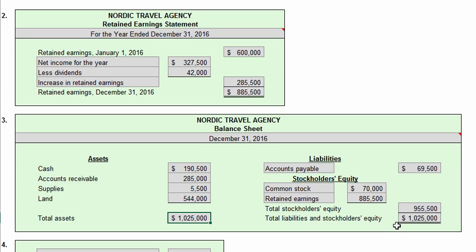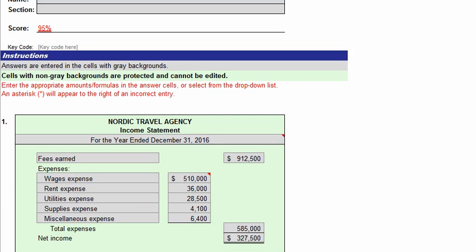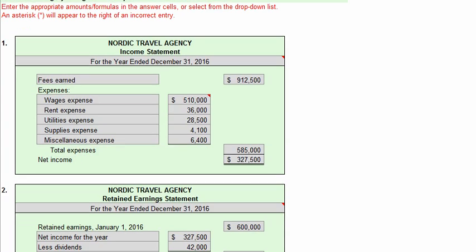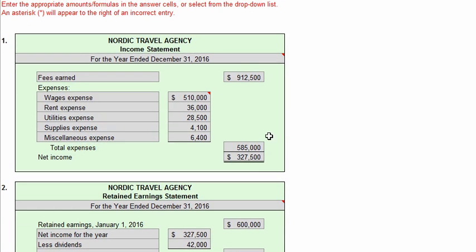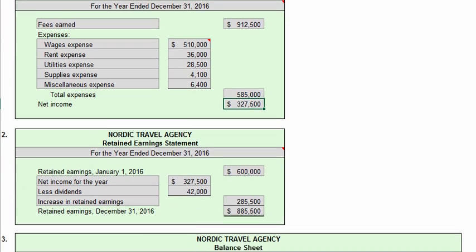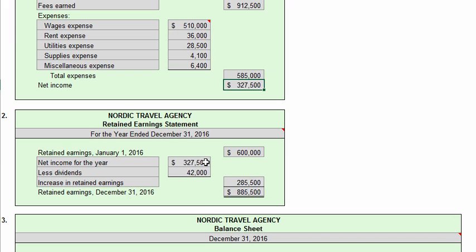So let's look at how these connect. Net income, first calculated on the income statement, carries forward from the income statement to the retained earnings statement and connects those two.